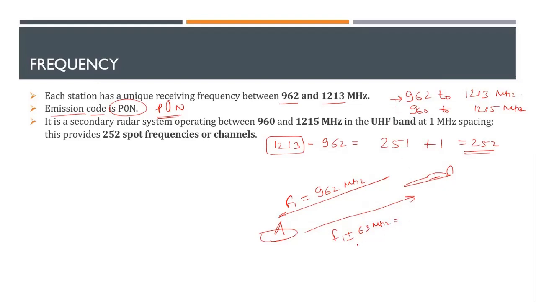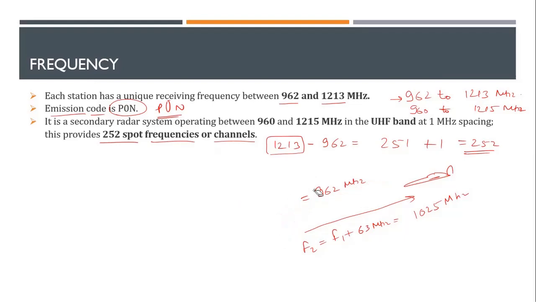So I can only add it. If I add 63 plus 962, how much do I get? So this will be the return frequency. That is how we calculate it. F2 will always be equal to F1 plus or minus 63 megahertz. That will create 252 channels in the whole system.